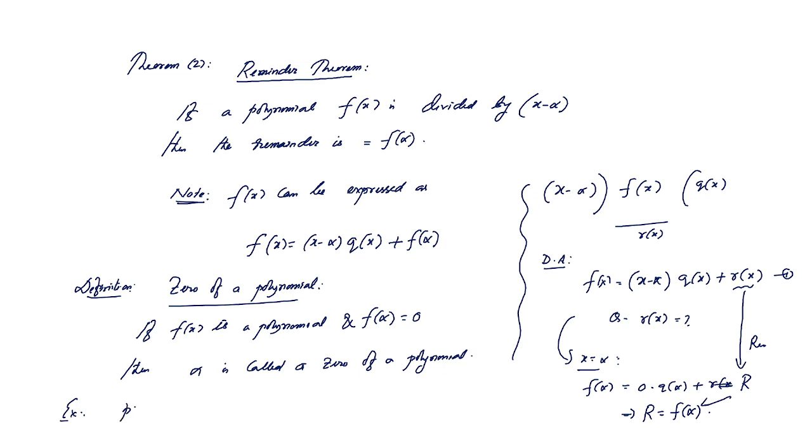For example, f(x) equals x minus 2023 is a polynomial and f(2023) equals 0. That implies x equals 2023 is a zero of the polynomial x minus 2023. In that way we can find the zeros of a polynomial.